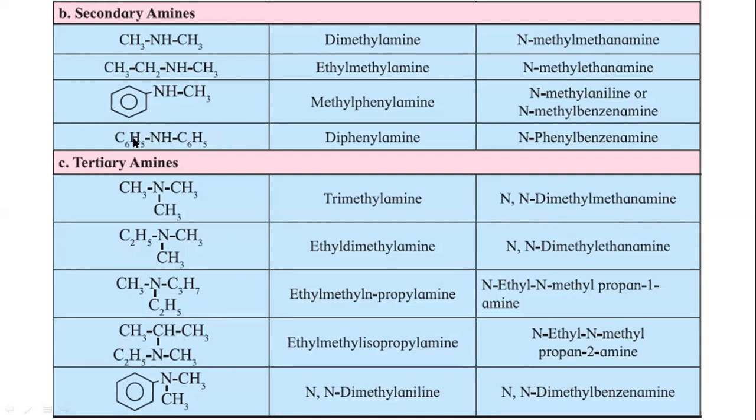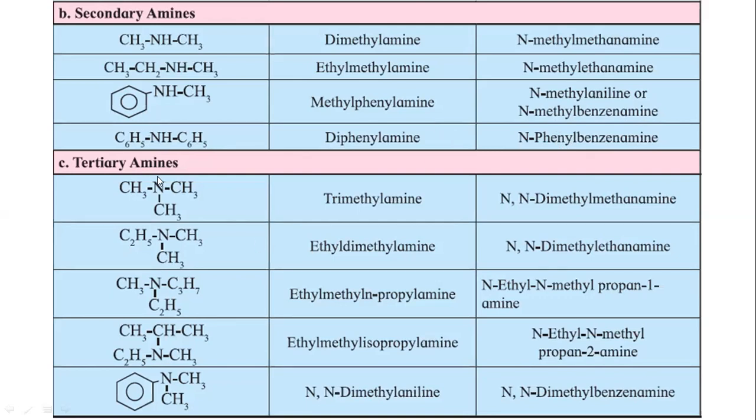See, this is one benzene ring, this is another benzene ring, C6H5. So the common name is diphenylamine, and the IUPAC name is N-phenylbenzenamine. N indicates the nitrogen to which this phenyl group is attached. N-phenyl, this is N and this is phenyl and this is benzenamine, or it is also called N-phenylaniline also.